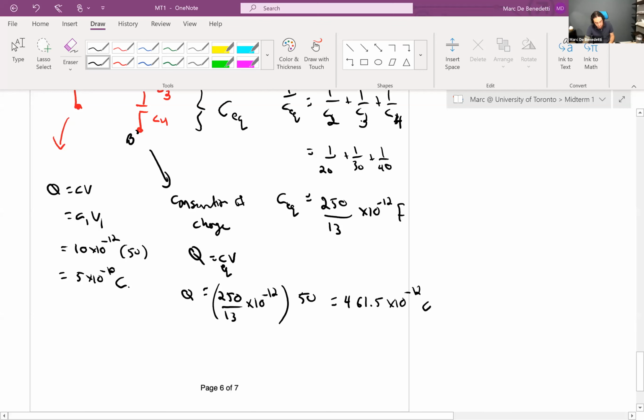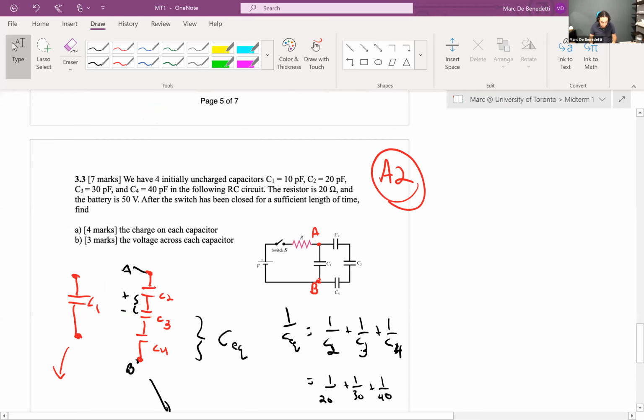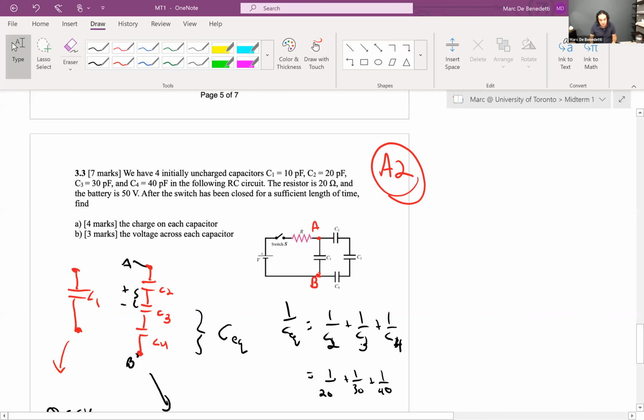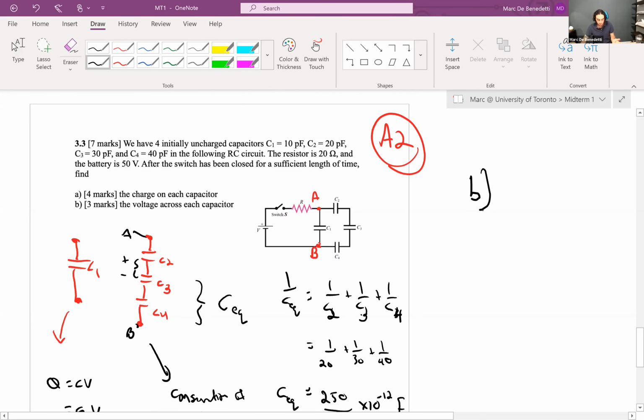B is asking for the voltage across each capacitor. Well, we know the voltage across C1. The voltage across C1 is just the voltage of the battery, so the voltage across C1 is simply 50 volts.